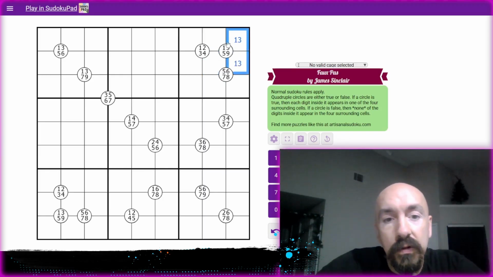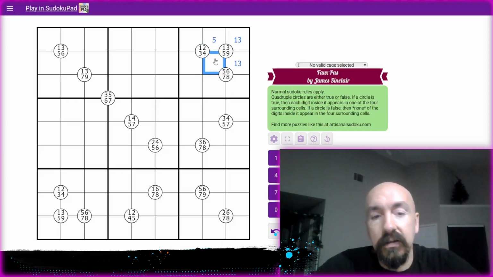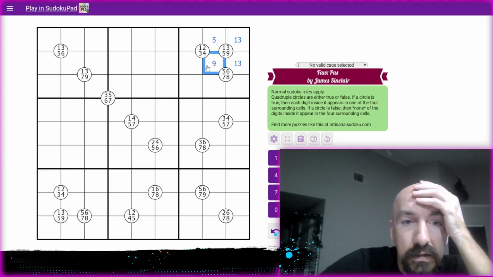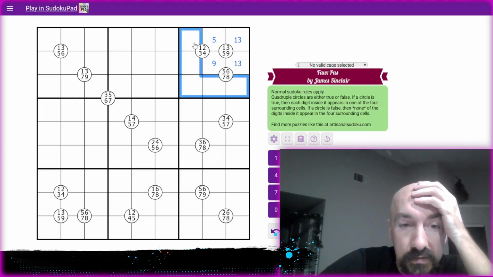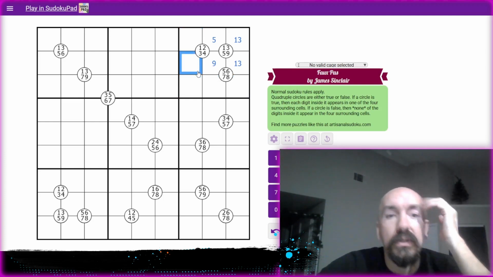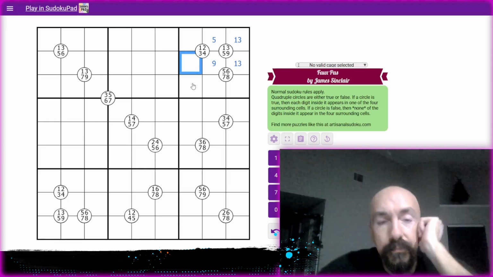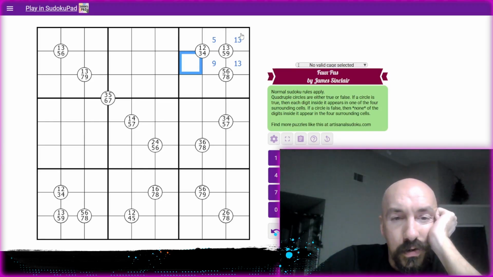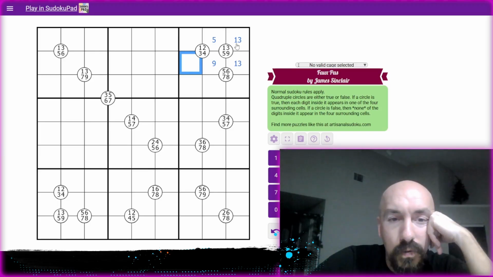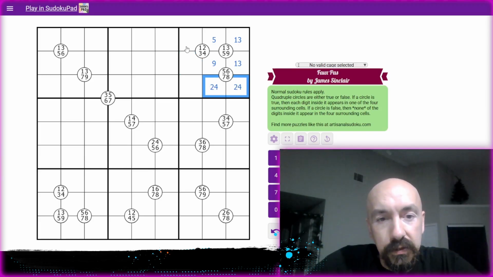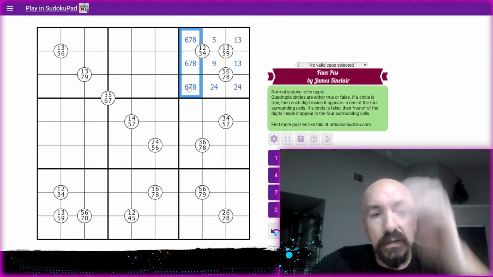Then 1, 3 would be here, 5 there, 9 here. Then 1, 3 would be there, and then 2, 4 would have to go down here. So then this would have to be 2, 4, 6, 7, and 8. Okay, so that would work. So then we would have to do 2, 4 over here, and then 6, 7, and 8 over there.